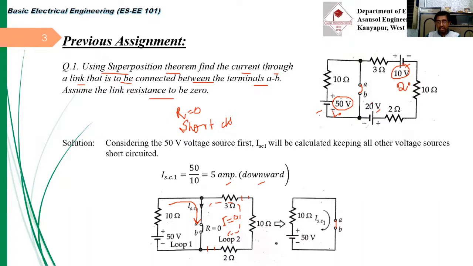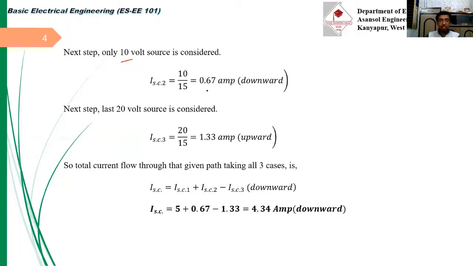So at that time our current will be 10 divided by 15, it will be 0.67 ampere downward. Next, the 20 volt source is considered. For the 20 volt source, it is 20 divided by 15, so 1.33 ampere, that is in upward direction.